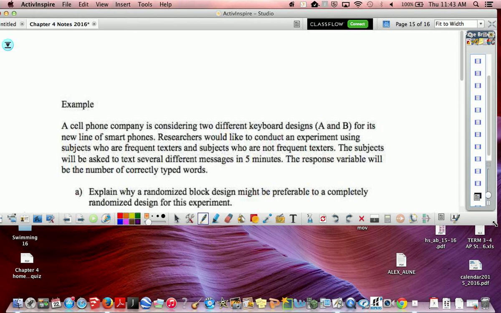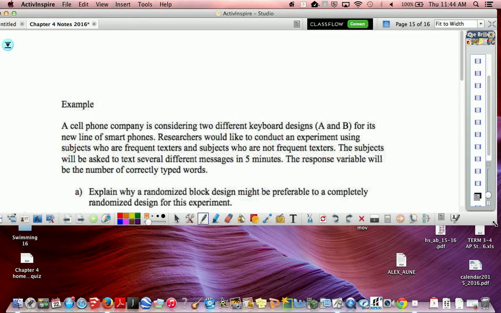Why would you not just completely randomize, just take all the people that you have in your experiment and randomize them? What could potentially happen? Okay, so you don't know who's good at texting and who's not so good at texting.